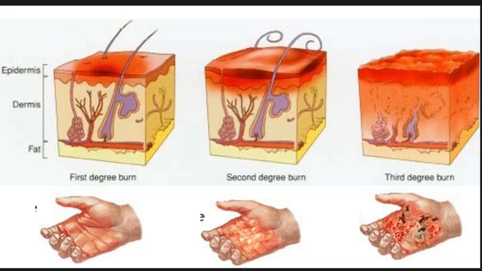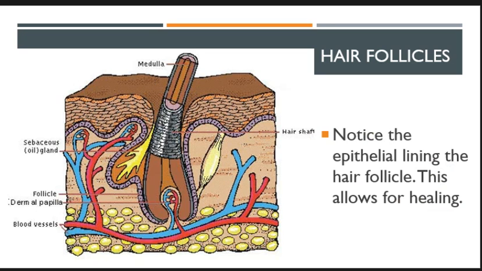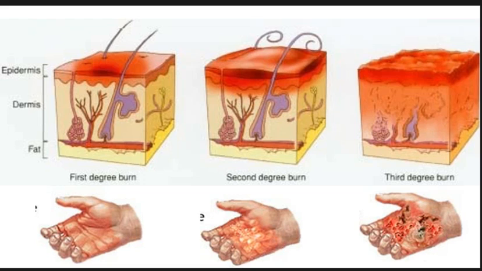Now, what's cool about the 2nd degree burn right here, notice what is still available. So this tissue in the dermis, that upper layer right there, has been burned, but I'm going to go back one slide. This stuff all gets burned, but look at what is still there, the hair follicle. All right, so the hair follicle still has those epithelial cells in there that are alive, and they will actually start to push up and grow and replace that burned skin above it.